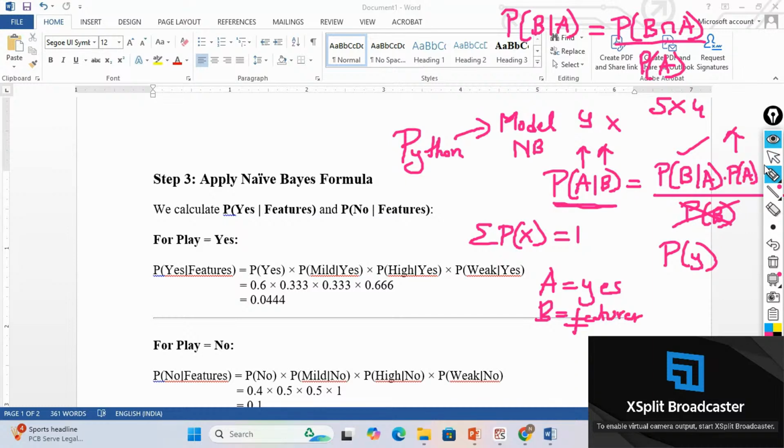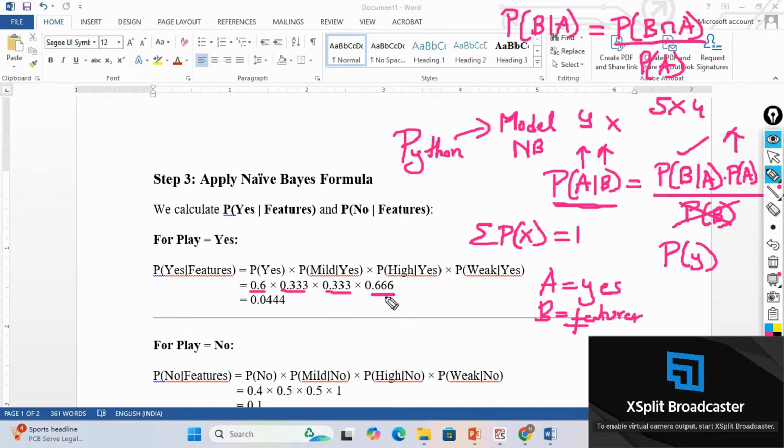Only the numerator we have included. If you observe, why is there no denominator? The reason is the denominator will be constant across all the records, so we'll ignore it from the formula. Since we have calculated all these values, substitute them.